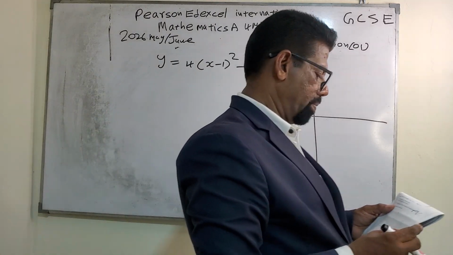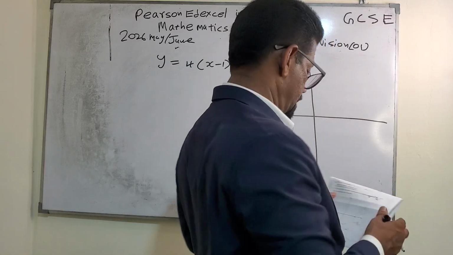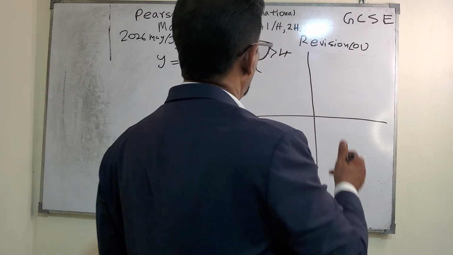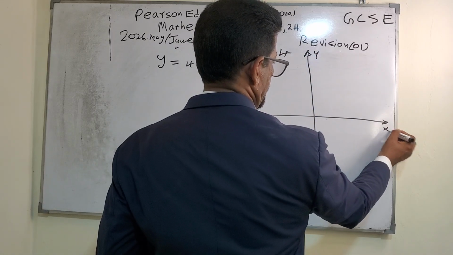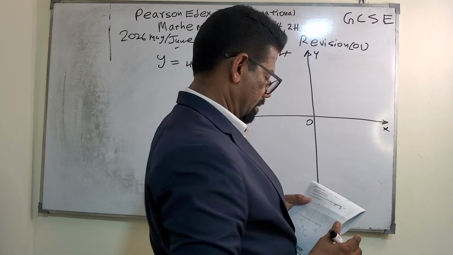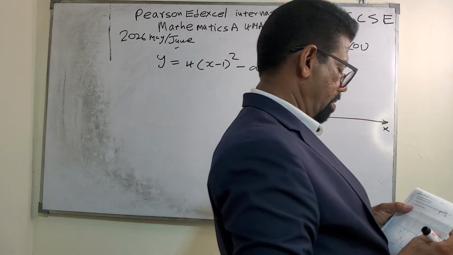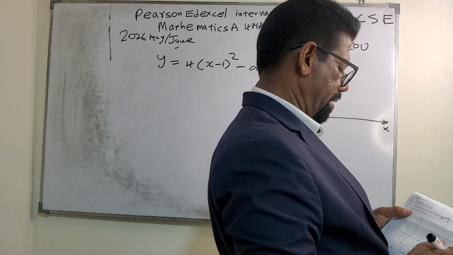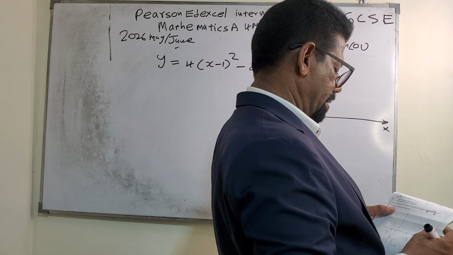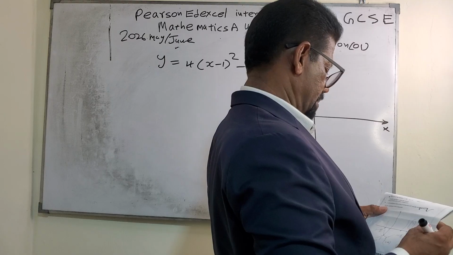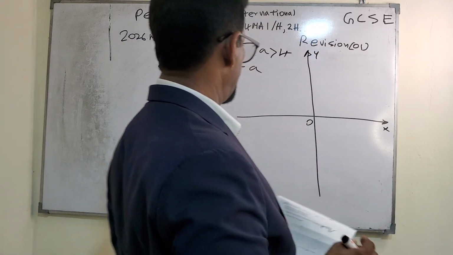Using the axes below, sketch the curve C, showing clearly in terms of a the coordinates of any points where C intersects the coordinate axes and the coordinates of the turning point.